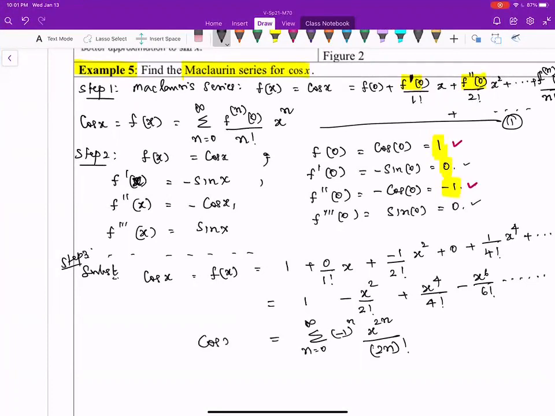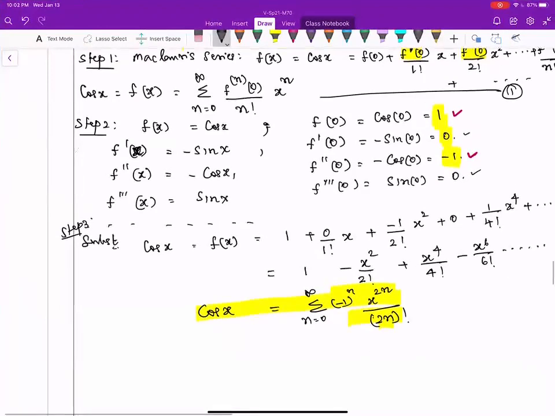That is the sigma representation or Maclaurin series representation of cosine x. As usual, we have to do the radius of convergence part. Finding radius of convergence, for this you apply the ratio test.